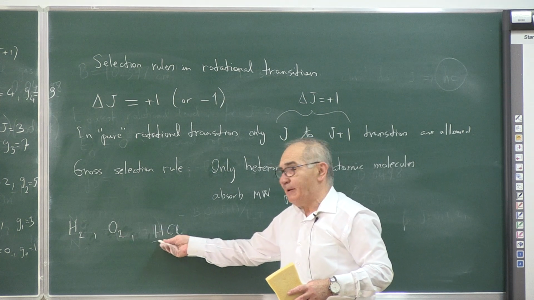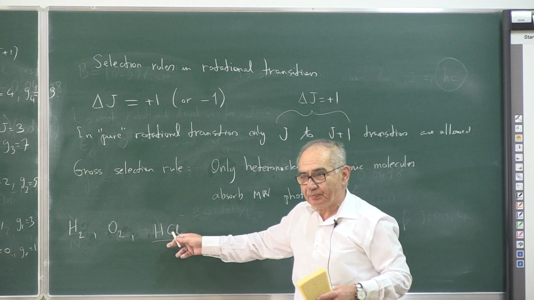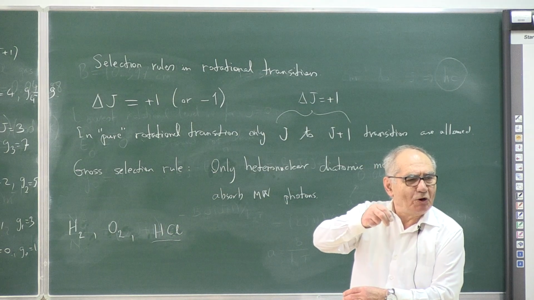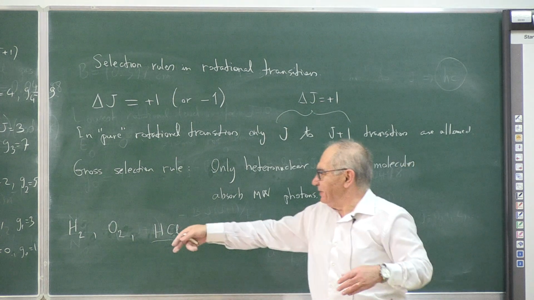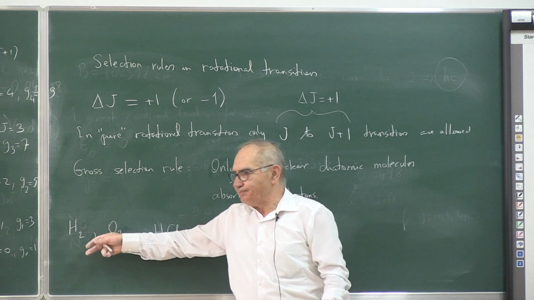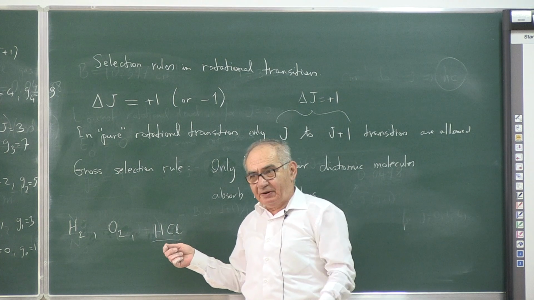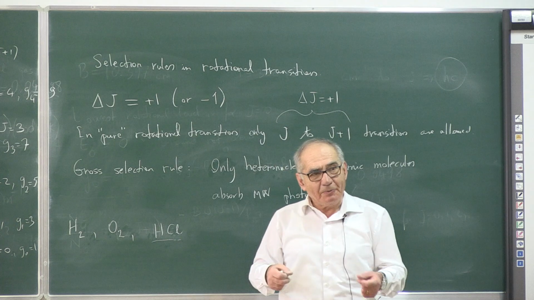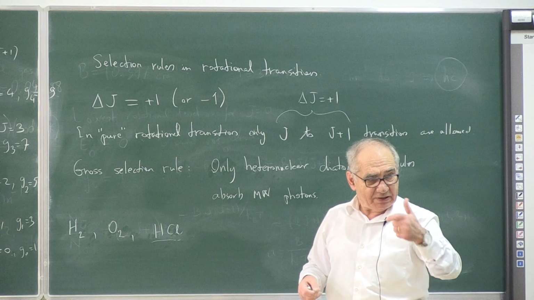But for HCl, this is heteronuclear, isn't it? You may also describe this situation using the word polarity, polar or non-polar. Because homonuclear molecules are also non-polar, right? Whereas heteronuclear molecules are polar molecules. The atoms are different in the molecule. So only polar molecules absorb microwave radiation. That's what it means.